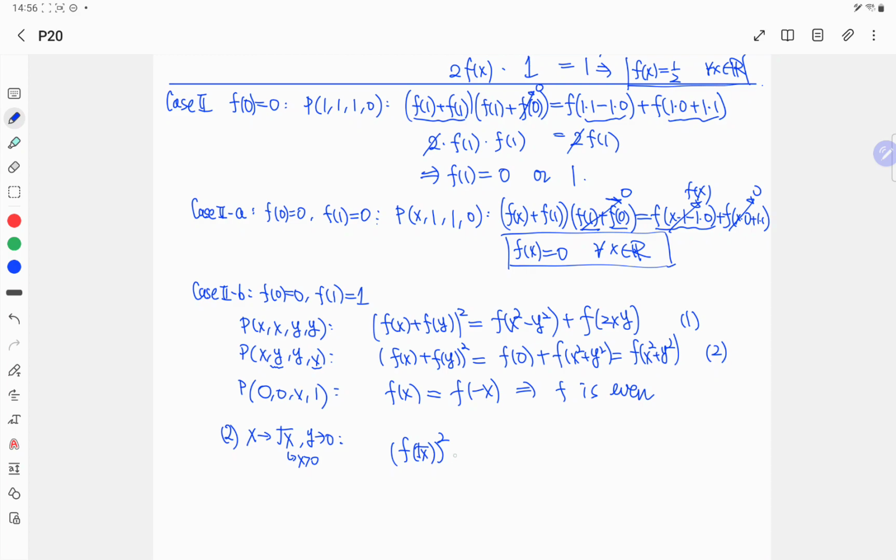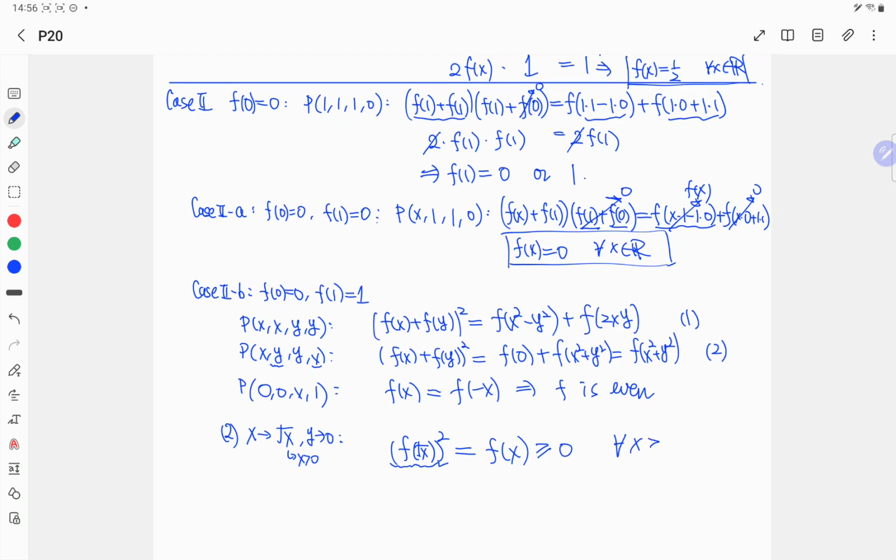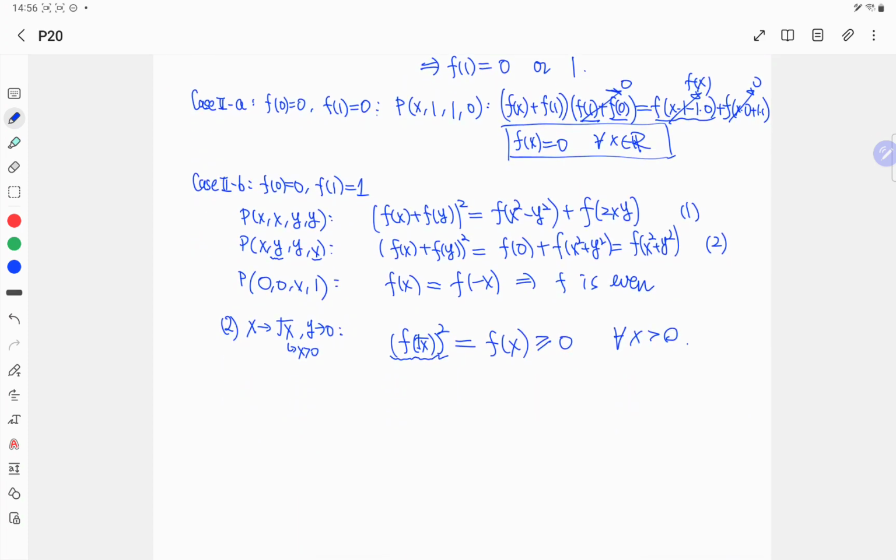And then on the right side, we have equals f(x). As this is a square of a real number, it is greater than or equal to 0 for all x greater than 0. Okay, so let's call this equation 3.